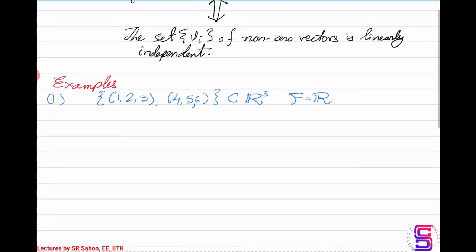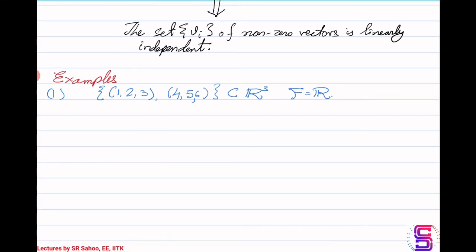Can you let me know if these two vectors are linearly independent, or linearly dependent? So what you do is take two scalars, treat them as unknown scalars, but the scalars belong to the field that we have considered. Use those scalars to scale up the vectors. So I am using alpha to scale up the vector 1, 2, 3, and beta to scale up the vector 4, 5, 6, and equate it to the 0 vector.